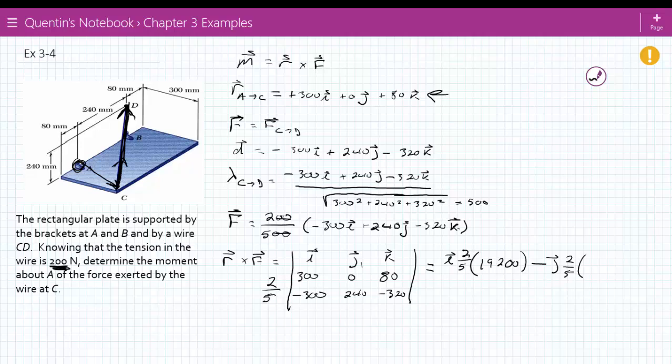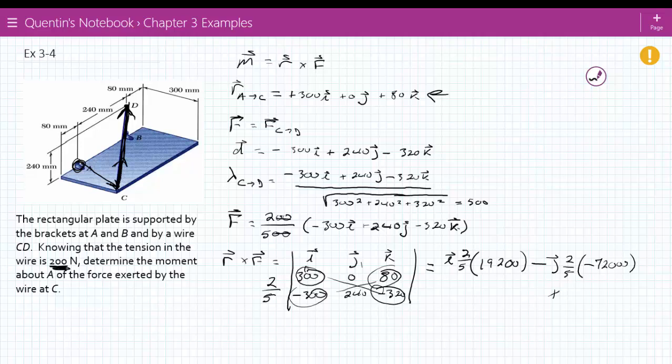And for the j, it's this minus that, so that's going to be minus 96,000 plus 24,000. So you're going to end up with minus 72,000.